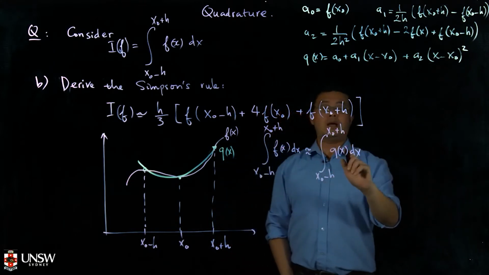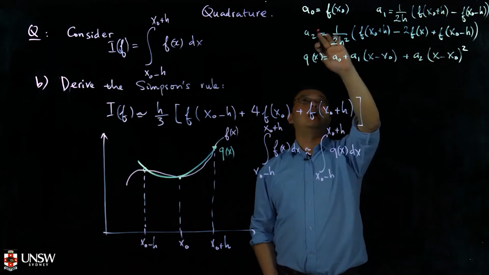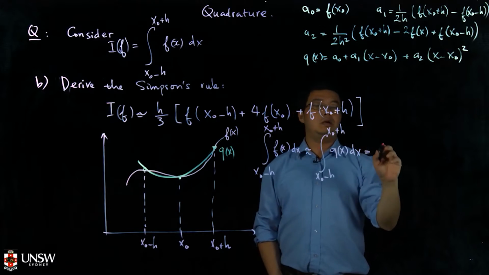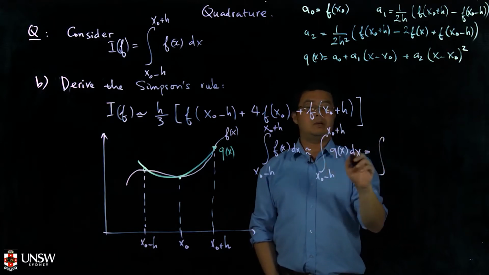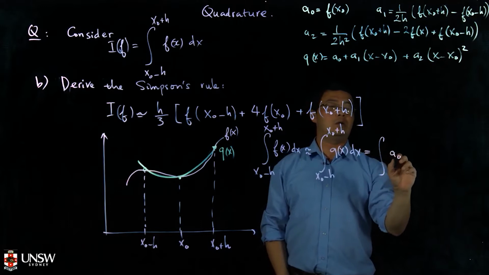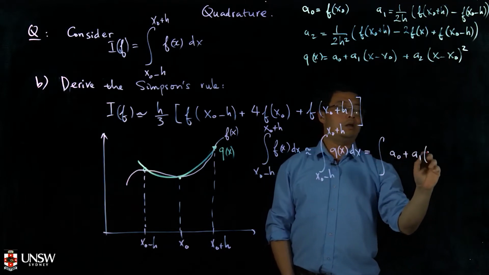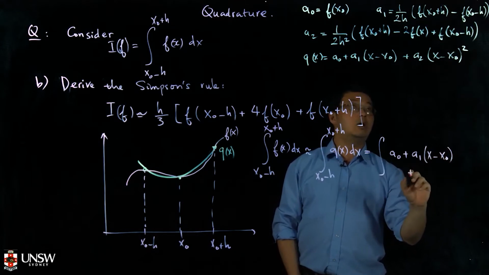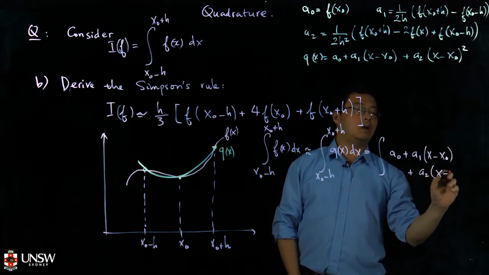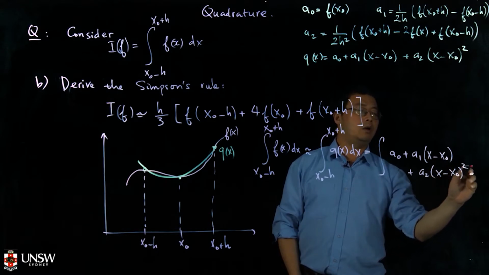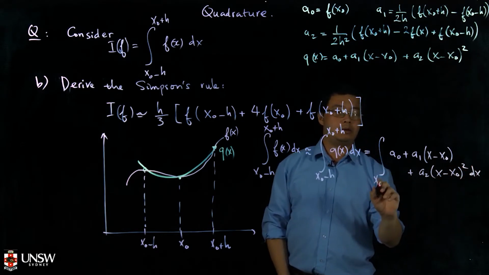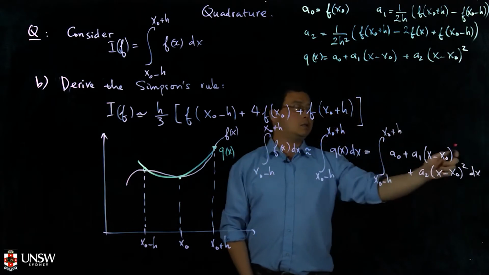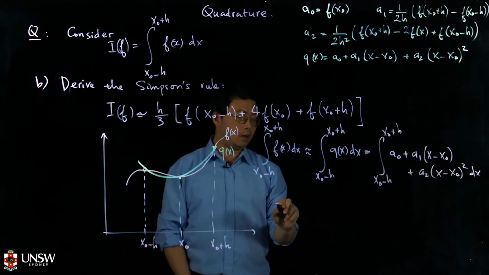And you see that for Q(x), we found the exact formula already. So this one is approximate, but this one is exact. So it will be the integral of a0 plus a1 (x minus x0) plus a2 (x minus x0) squared dx from x0 minus h to x0 plus h. And because this is a polynomial, we can integrate it exactly.